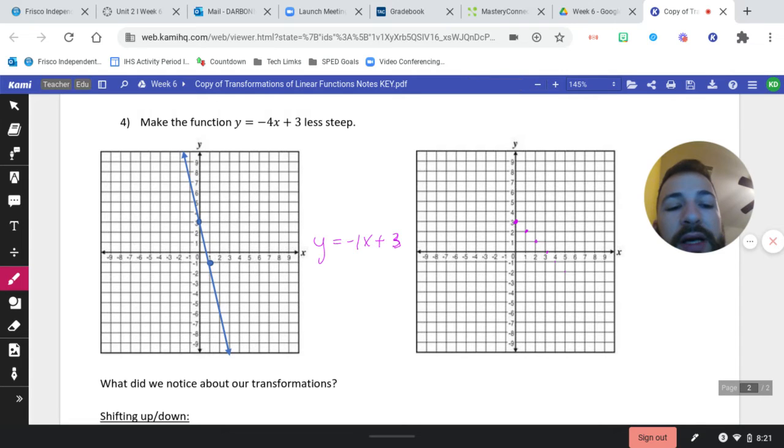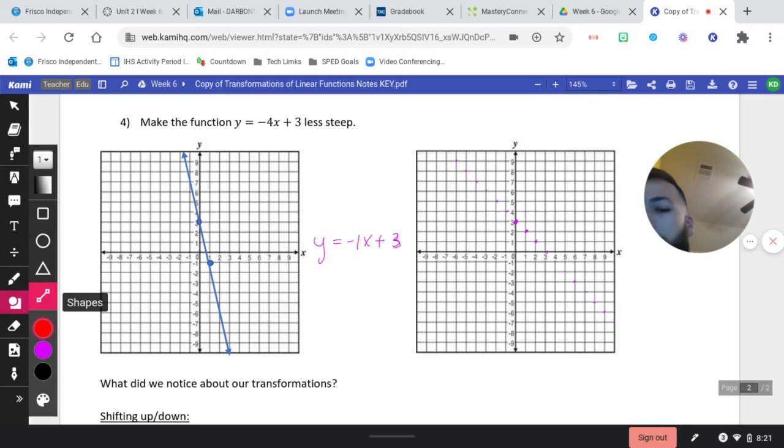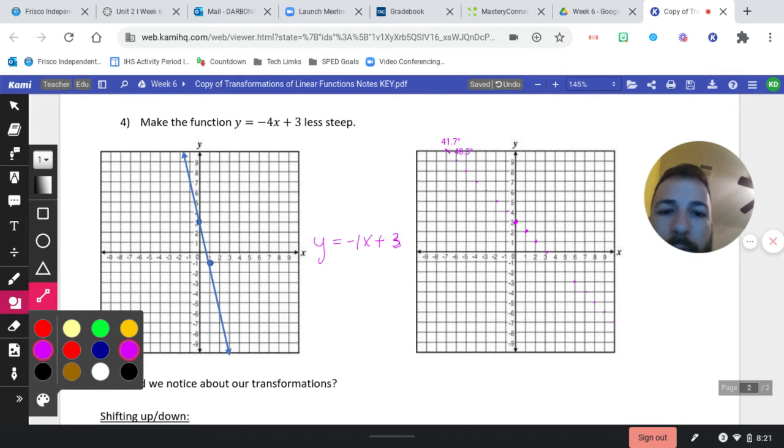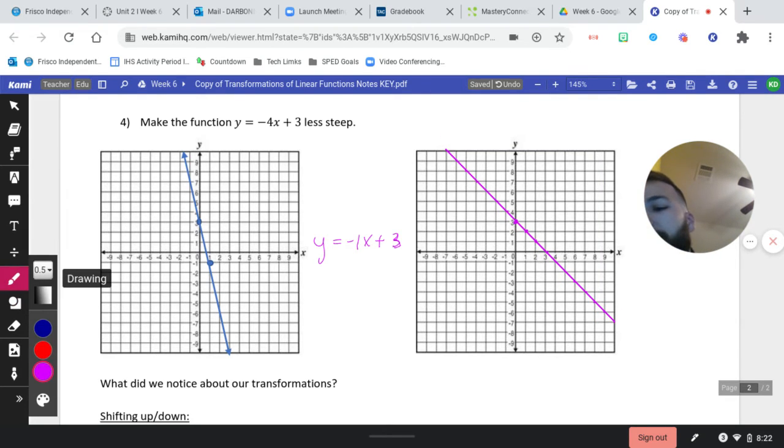I can do that all the way down and across, and all the way up in the other direction. That would give me a nice little negative slope of 1 with a y-intercept of 3. Notice that changing it from negative 4 to negative 1 is already a significantly less steep line. A little bit better of a hill to run down. You'd probably fall straight down the first line, but this one you just kind of roll down it pretty quickly.